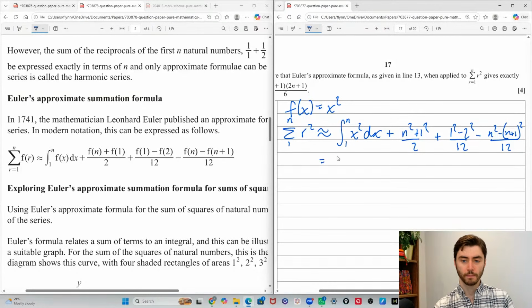Well, that will be a third x cubed between 1 and n. It'll be n squared plus 1 over 2 plus, well, rather, 1 minus 4 is minus 3. Minus 3 over 12 is minus a quarter.